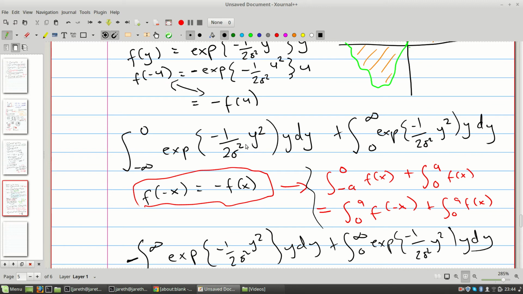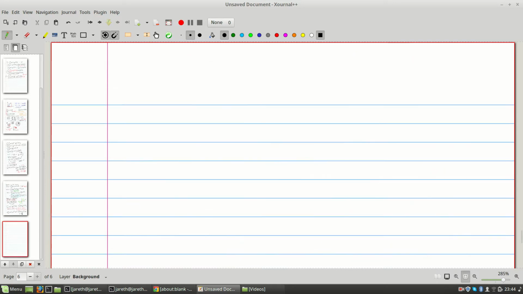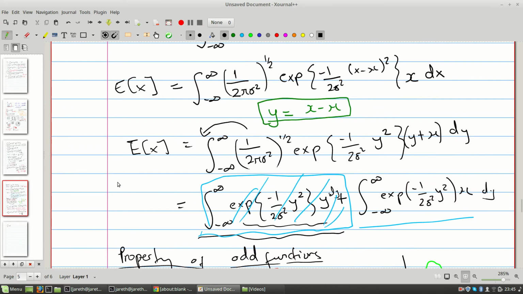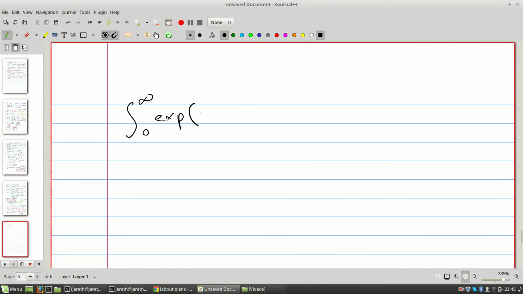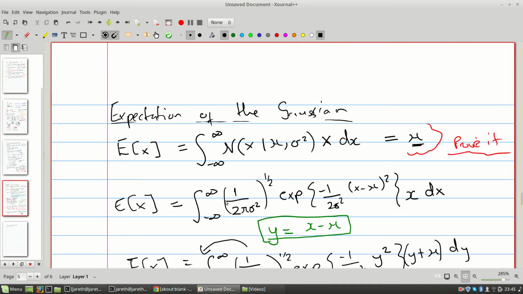The integral from 0 up to infinity of the exponent of, what did we have? Minus 1 over 2 sigma squared y squared, and I think we were multiplying it by mu and dy, right? This was what we were doing.